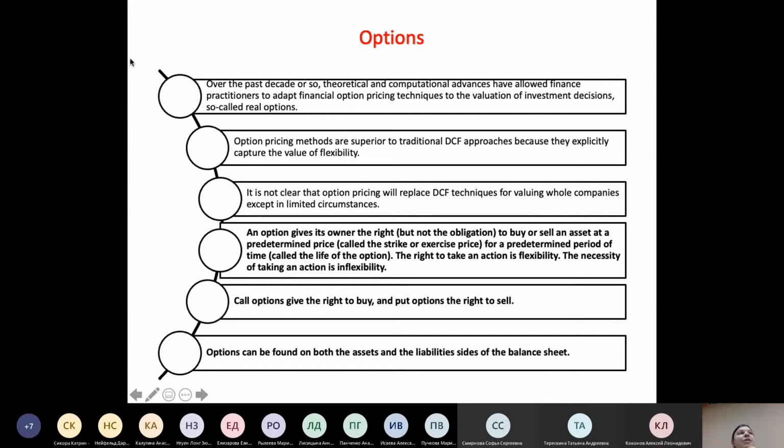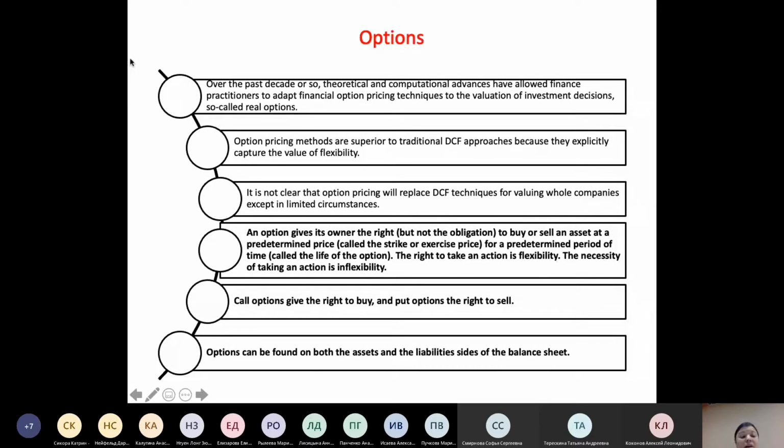To tell the truth, if we are summarizing the history of the appearance of real options, first of all, certainly financial options appeared: financial options on stocks, on shares, on currency, on different financial indexes appeared.